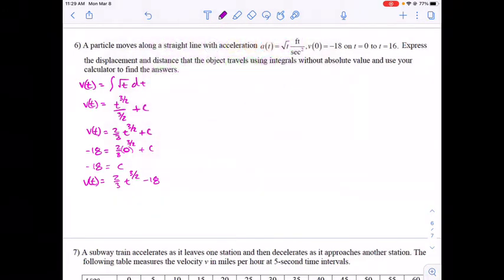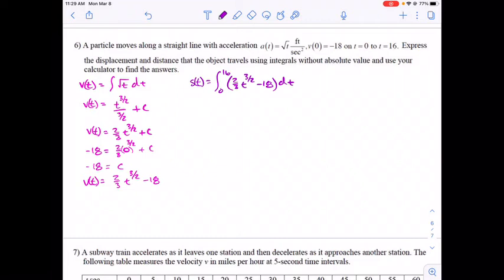So now we're going to use this to find the position function. We're going to evaluate from 0 to 16, and we're looking for the displacement. So we have the integral of 2/3 t to the 3/2 minus 18 dt. Once again, integrate. We're going to add 1, which gives us 5/2.